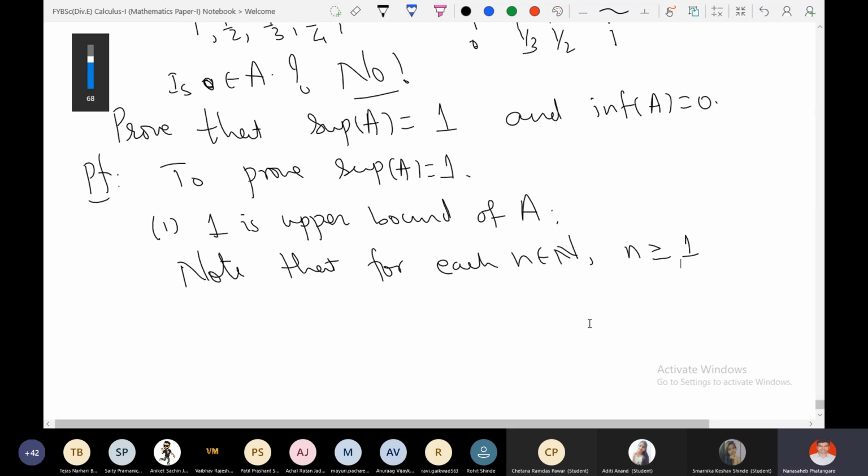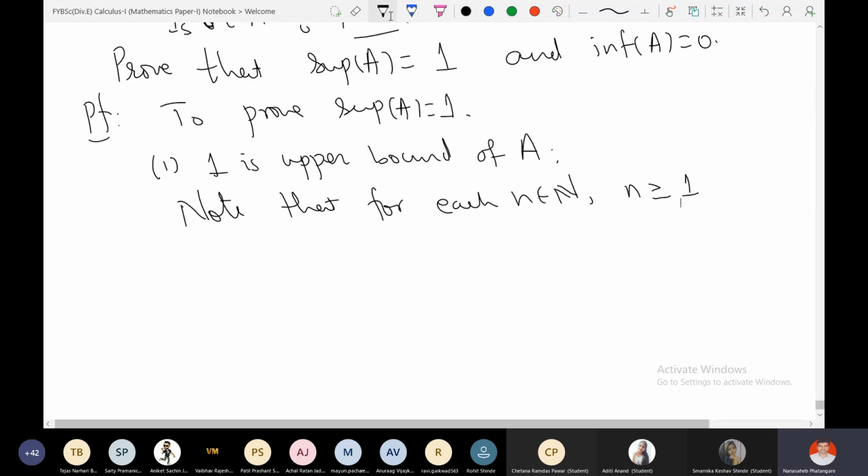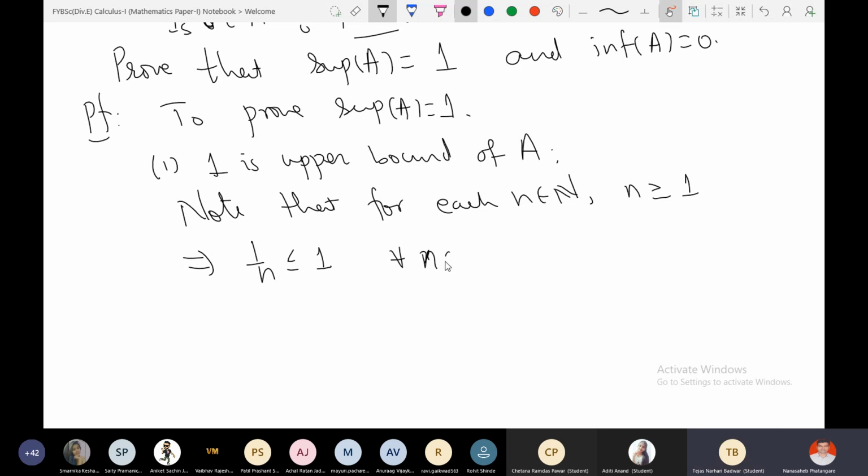Therefore, what can you say about 1 by n? 1 by n is less than or equal to 1. Therefore 1 by n is less than or equal to 1 for every n.